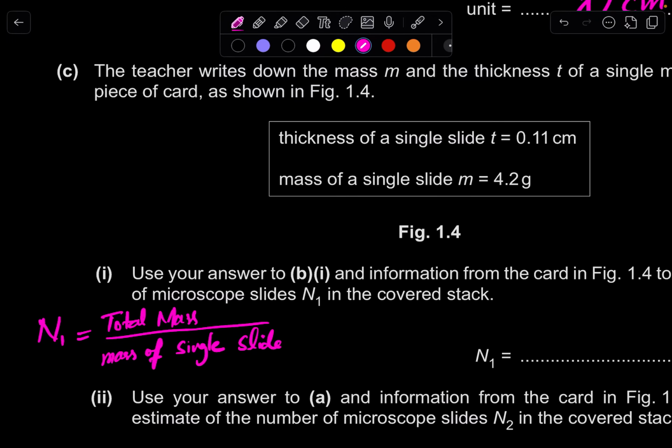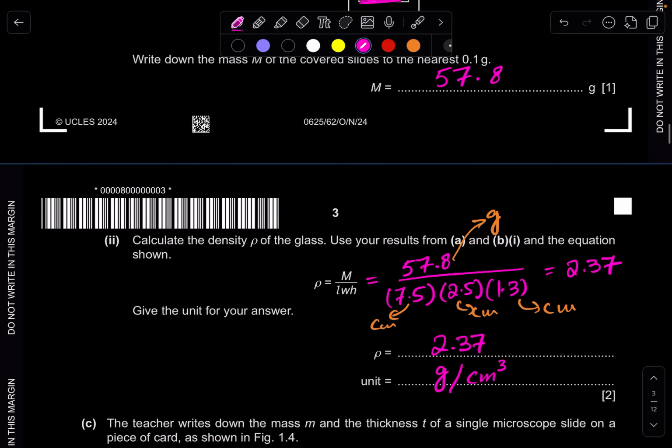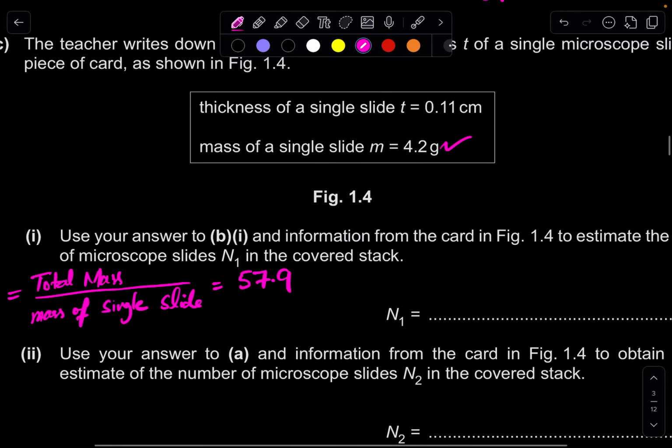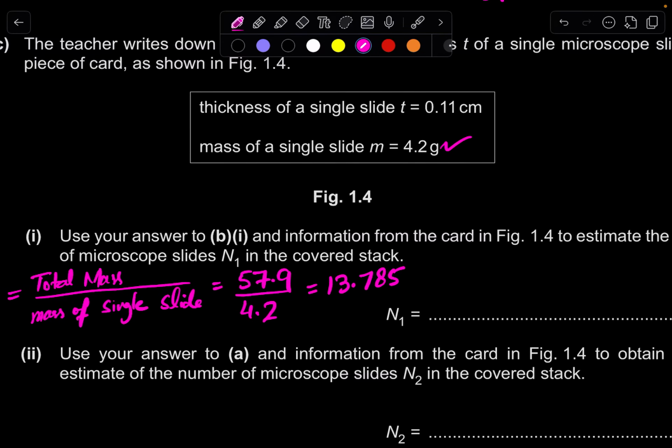So the total mass was 57.9, that is the total mass that we have. And this is the mass of a single slide, that is 4.2. When we divide both of them, it will be 13.785.